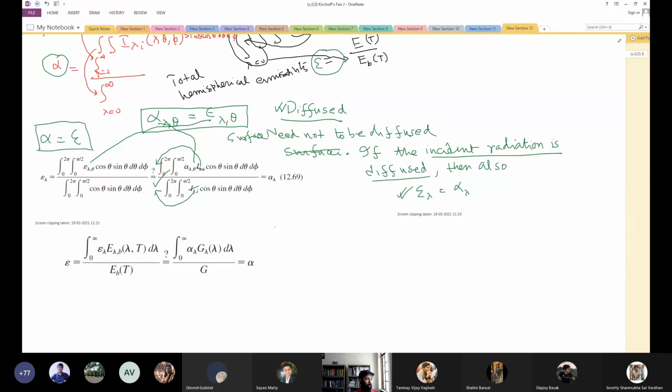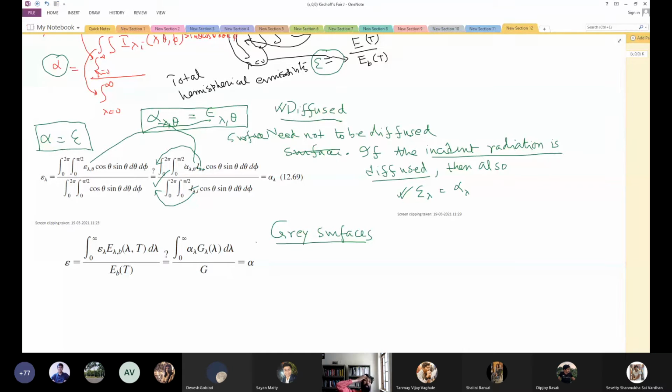That kind of surface is called a gray surface. They don't have any color, that's why they are called gray surfaces. So in addition to either a diffuse surface or diffuse incident radiation, if it's a gray surface, then also epsilon equals alpha will hold.